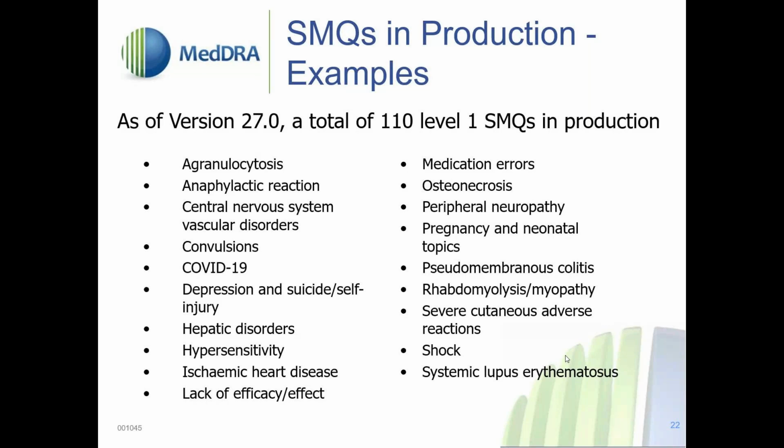And if you look at the list, and this is of course not the complete list, you will see that most of the topics are really important medical conditions like agranulocytosis, anaphylactic reaction, convulsions, depression and suicide self-injury, shock, severe cutaneous adverse reactions. So you find queries for very important medical topics which are often drug-related, but not only drug-related.